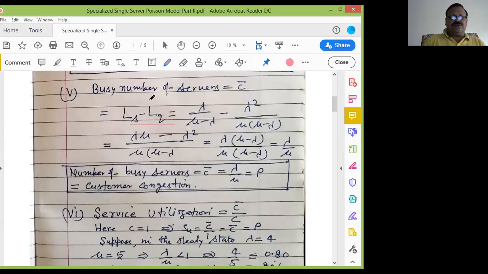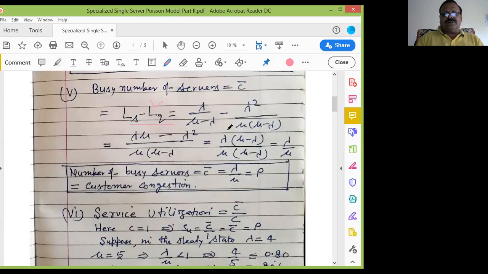Ls means the total number of customers in the system, and Lq means the total number of customers in the queue, and therefore this part Ls minus Lq is equal to lambda upon mu.